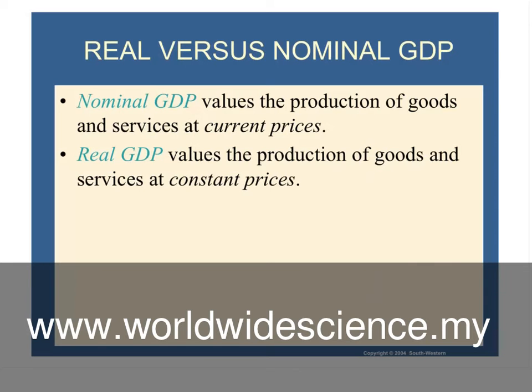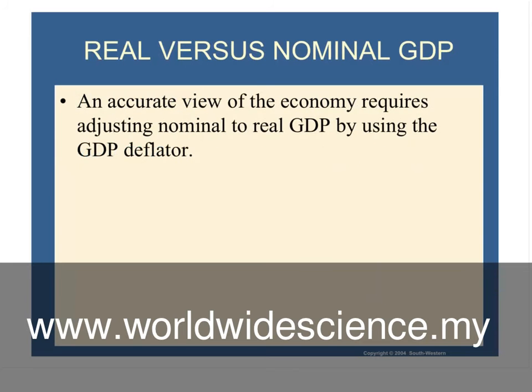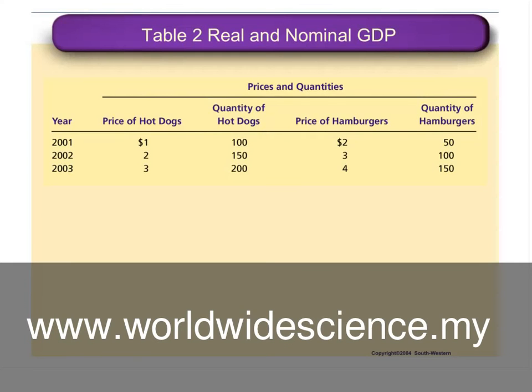So when we calculate them at the current prices, it's nominal, but when we put it at the constant prices, it will be real. An accurate view of the economy requires adjustment of nominal to real by using the GDP deflator. So by using the GDP deflator, we change the nominal into the real.